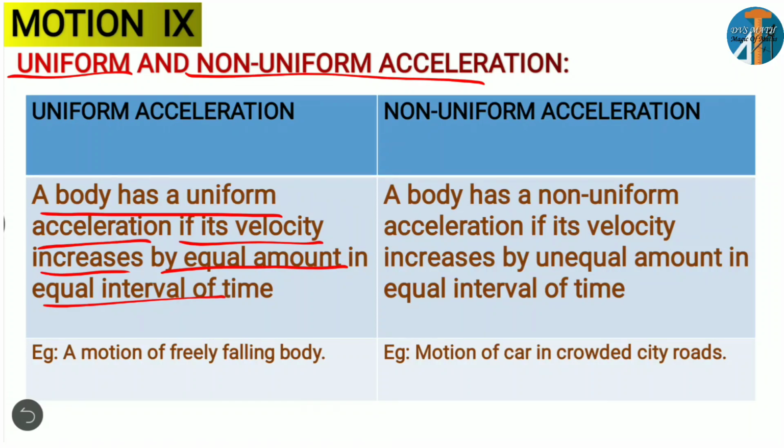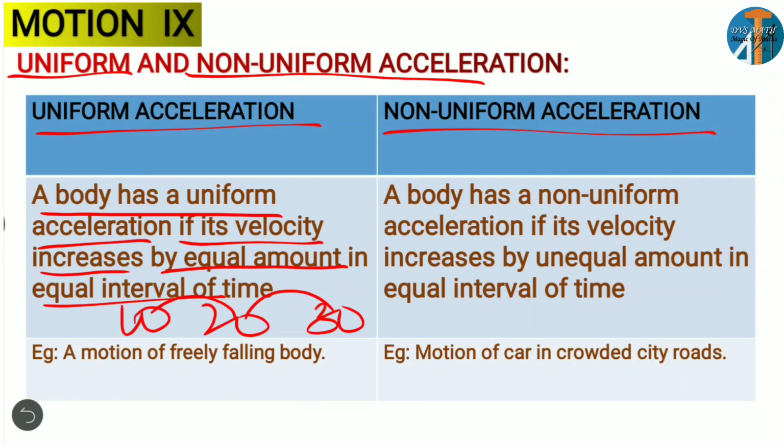For example, velocity increases 10, 20, 30, 40, increasing by 10 meter per second each time. If there is an equal increase in velocity in equal intervals of time, the object has uniform acceleration.